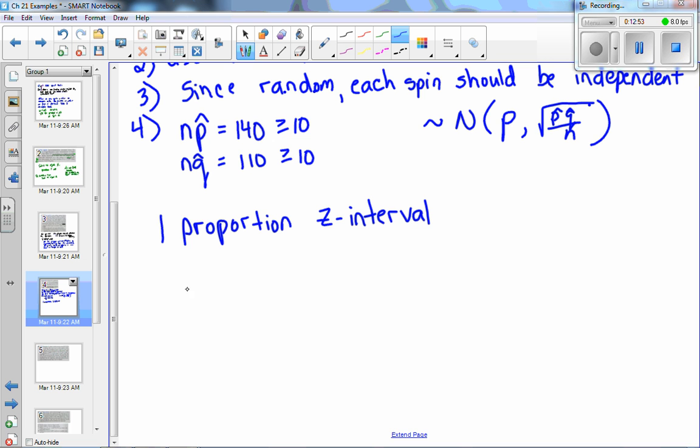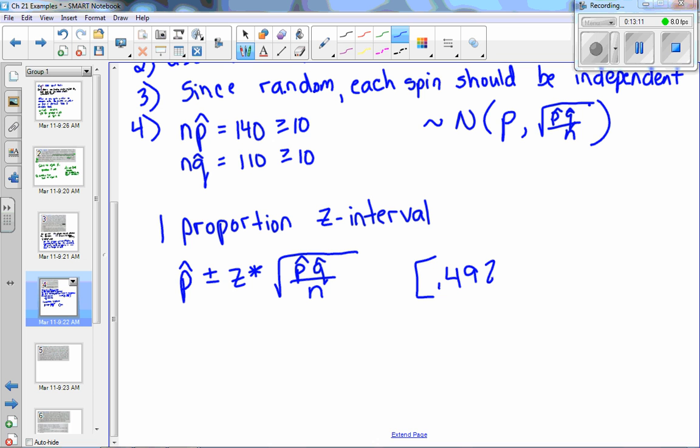Our formula for that is p hat plus or minus z star times the square root of p hat q hat over n. If you do this on your calculator, and I'm not going to go through the steps because we have reviewed that, we get 0.498, 0.622 for my confidence interval.